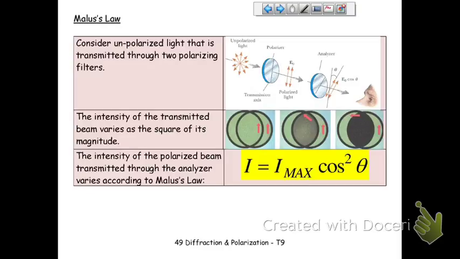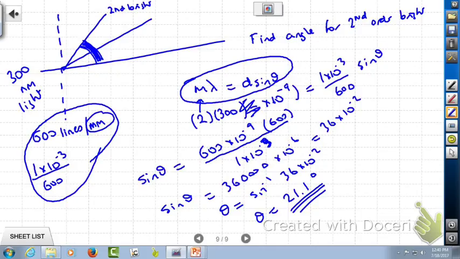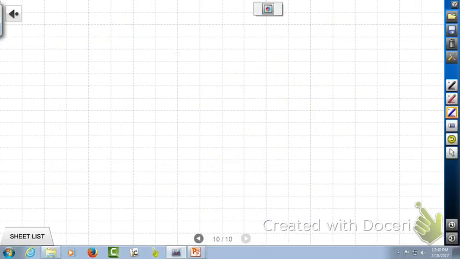Why do we care about this? I want to just step to one side for a minute. We care about this because some materials are what's called optically active. What they do is they will take a wave which is like that.